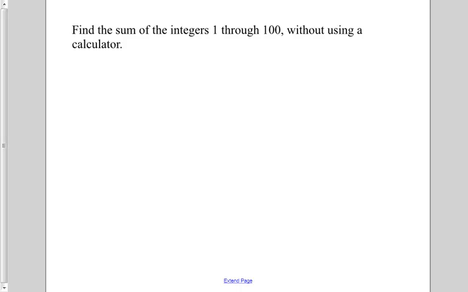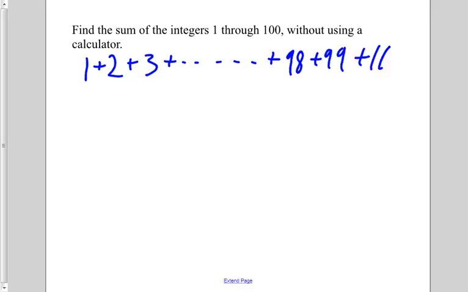If we were to do this as busy work, we'd take 1 plus 2 plus 3 plus all the way plus 98 plus 99 plus 100. And this would take us quite a long time. But Gauss was an extremely smart student and became a famous mathematician, and he solved this extremely quickly. So quickly, his teacher did not believe him that he was able to solve it.